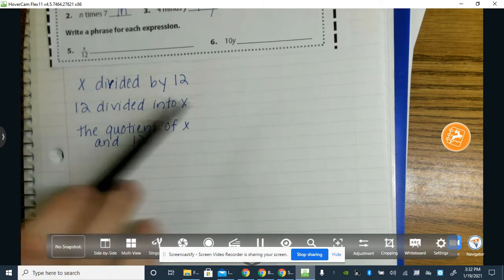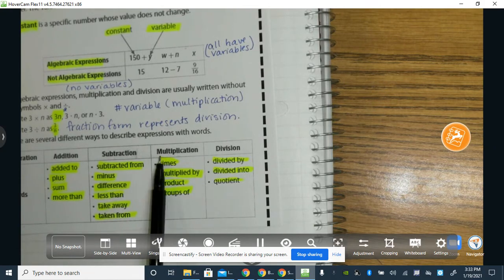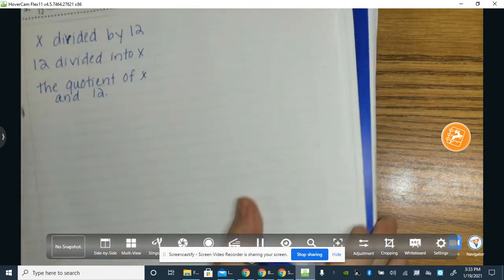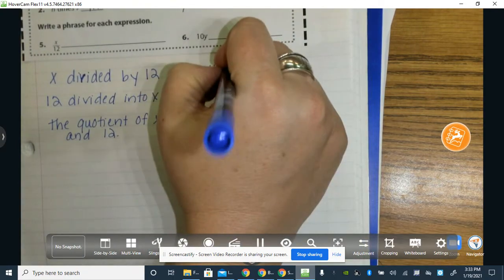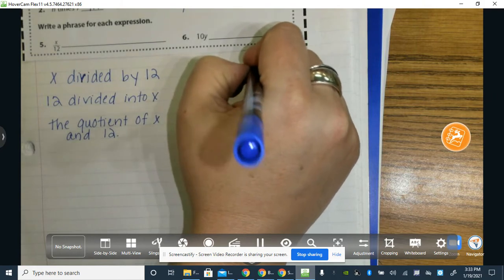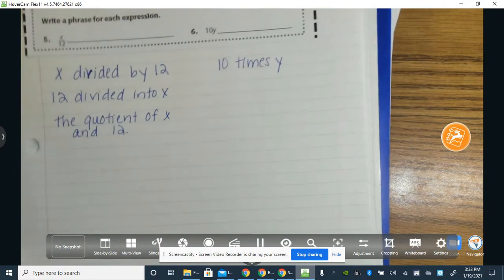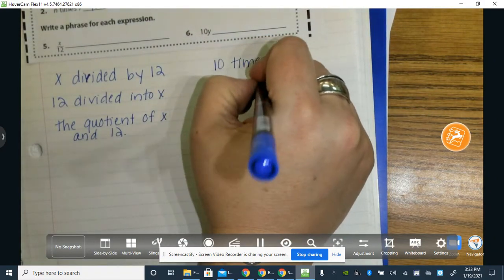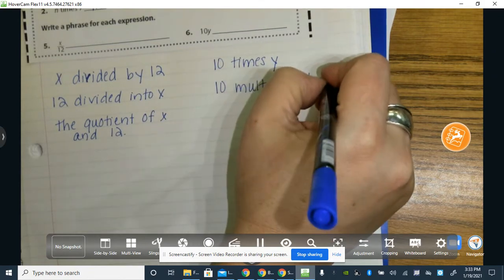All right, number 6, 10y. That means when it was together, I know it's multiplication. The words are times, multiplied by, product, or groups of. So I could say 10 times y. There was times, multiplied by, so we could say 10 multiplied by y.